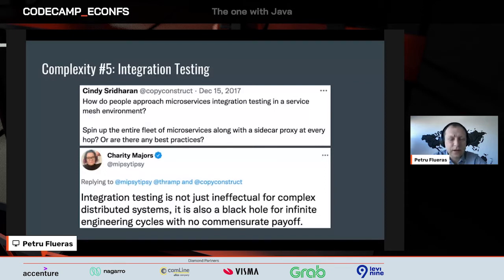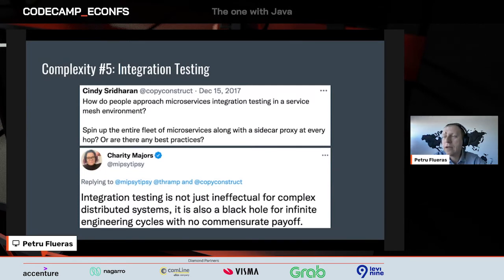Charity says, as a reply to Cindy, that integration testing is not effective for complex distributed systems. It requires infinite cycles of development, of refining, and the payoff is not that obvious.